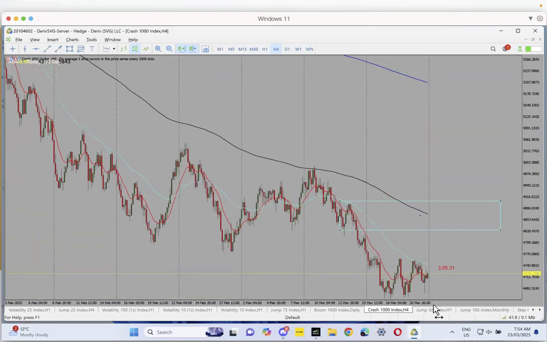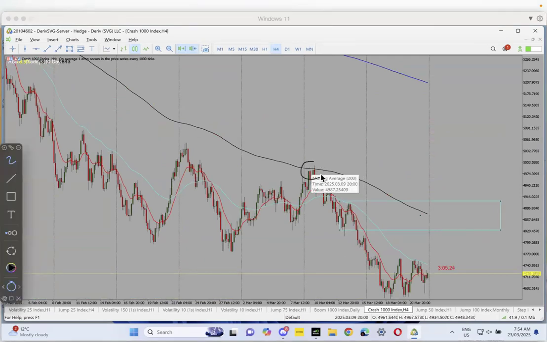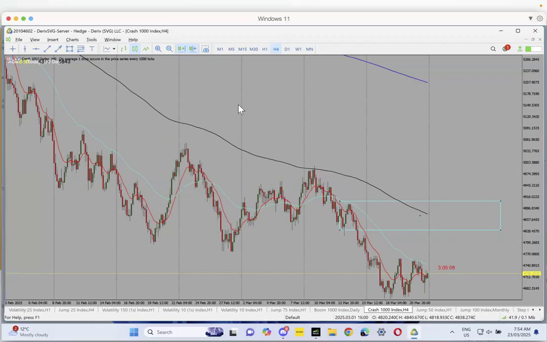So for me, what you have to do now is count your levels from here all the way down to there, just to confirm they are enough. But from the look of things, these 3 hits to the low show that we've got enough levels.